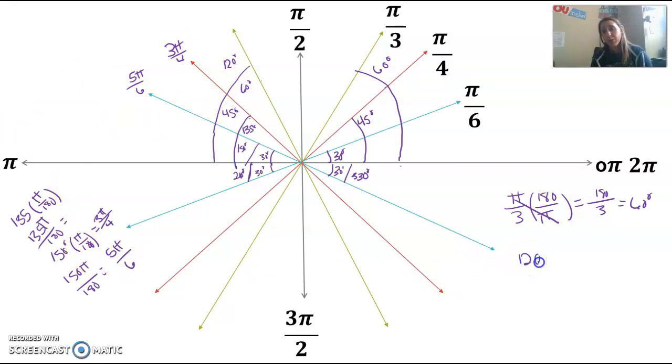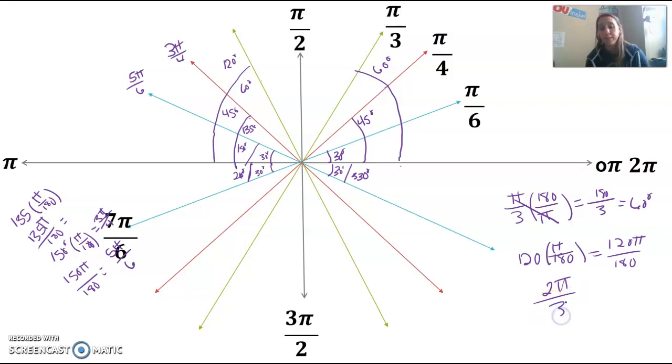We're going to do 120 times pi over 180 is equal to 120 pi over 180. And those simplify down to, we can divide both by 60, and we get 2 pi over 3, which is what that is.